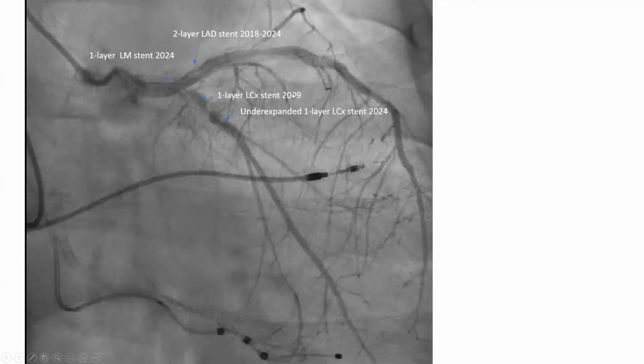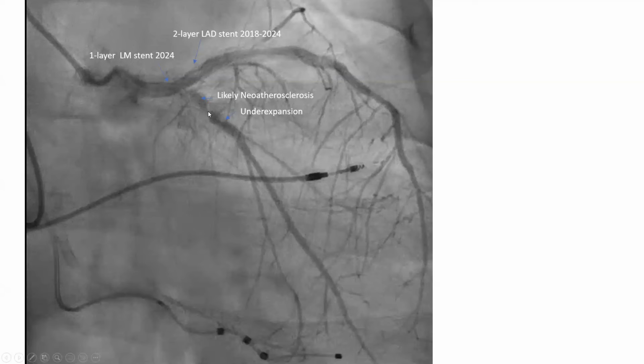It's hard to imagine a severely underexpanded stent for so long not causing issues. So this is likely here neoatherosclerosis. It's unlikely neointimal hyperplasia, 15 years later, although the treatment may be the same, except that neoatherosclerosis can have a lot more calcium than neointimal hyperplasia, which is an earlier, rather fibrotic process.